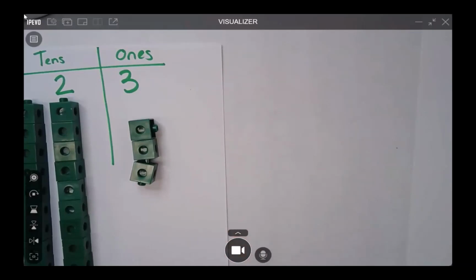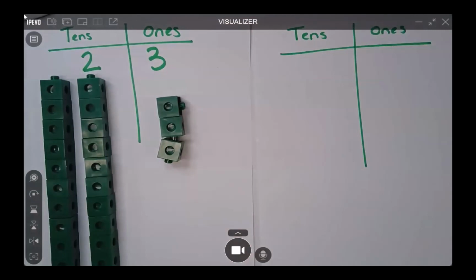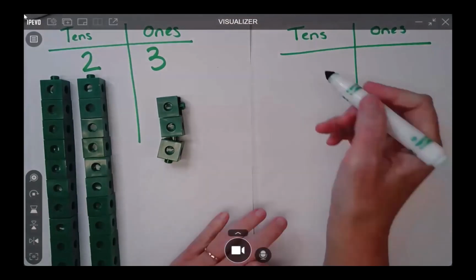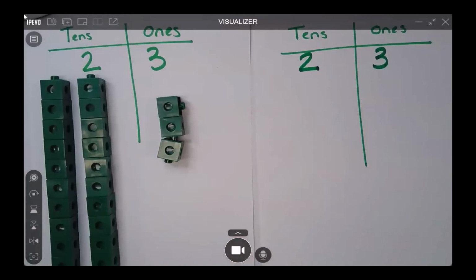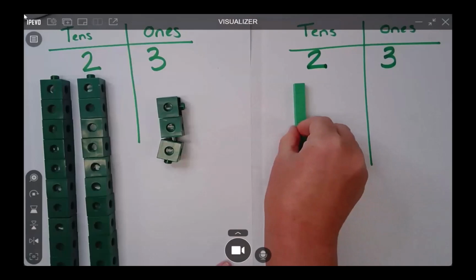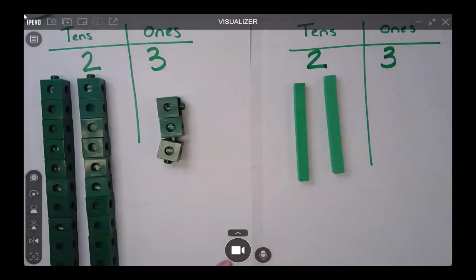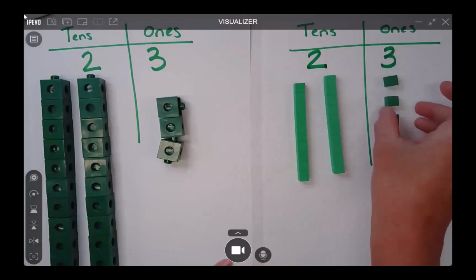I know the number 23, just like with my snap cubes, is made of 2 10s and 3 1s, 23. So to show that, I would have 2 10s, 10, 20, and 3 1s, 1, 2, 3.